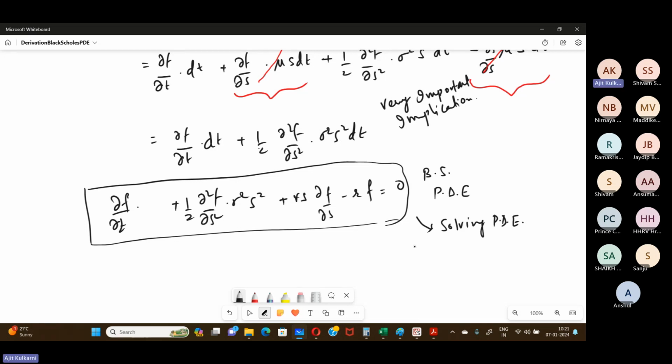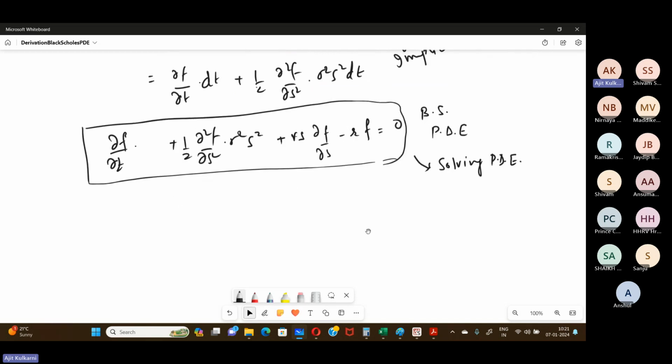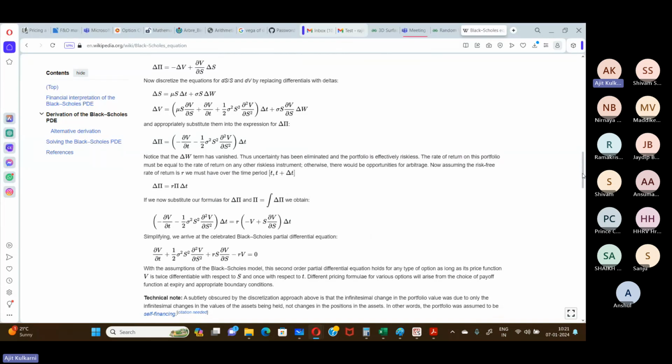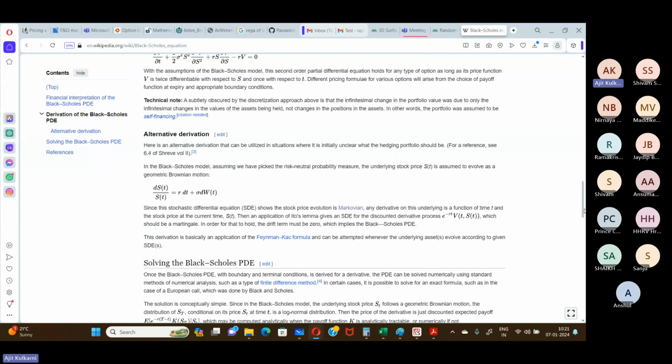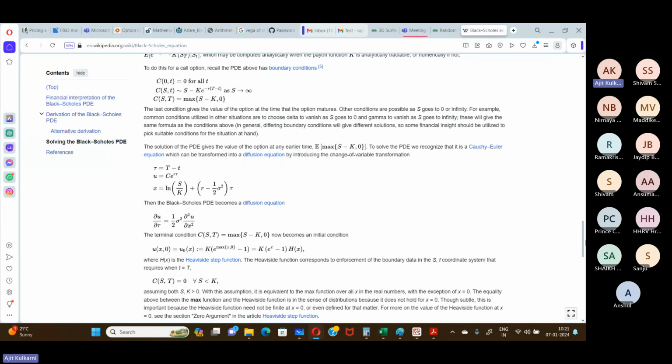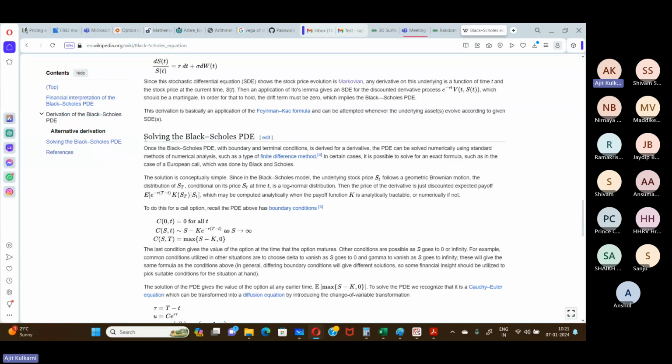They solved this PDE analytically and gave a closed form solution, which is currently out of scope of our course, because as you can see, this derivation itself is so technical. There is a solution for that as well; you can go on Wikipedia and see it.